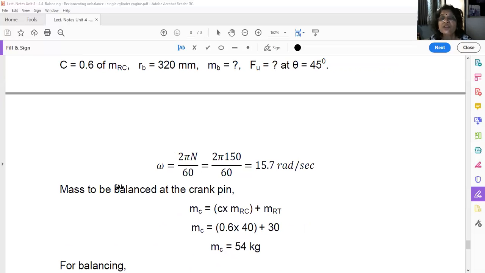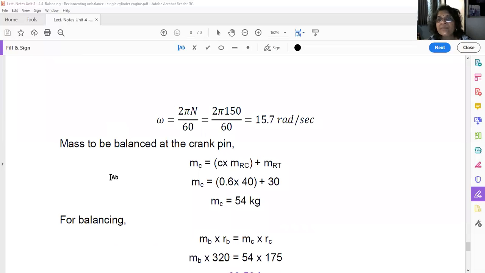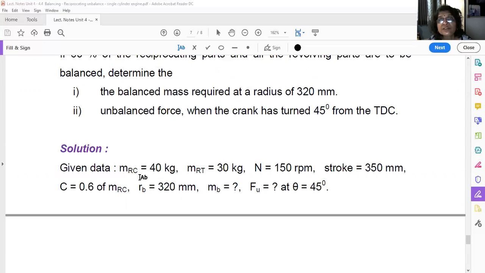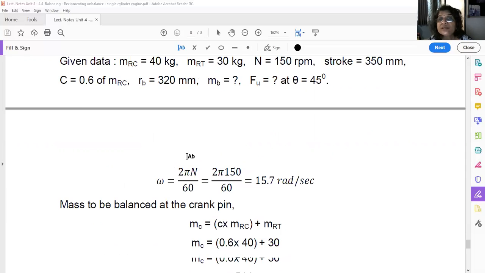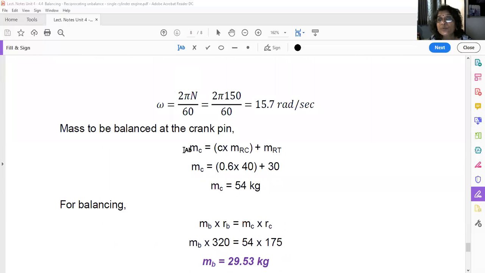second. Okay, now first you find out MC, how much is the mass. This is C times MRC, that is 0.6 times MRC, and then MRT is also there. So how much is the total counter mass you have to provide? Counter mass MC is equal to C times MRC, that is reciprocating mass, plus completely the rotating mass MRT.